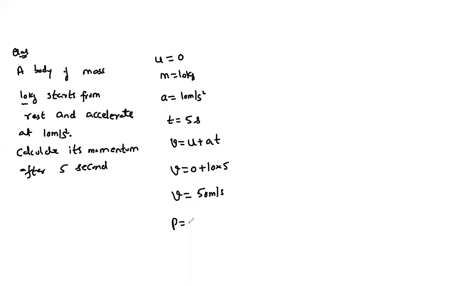So the momentum is mv, your mass is 10 kg, your velocity is 50, so that is 500 kg meter per second.